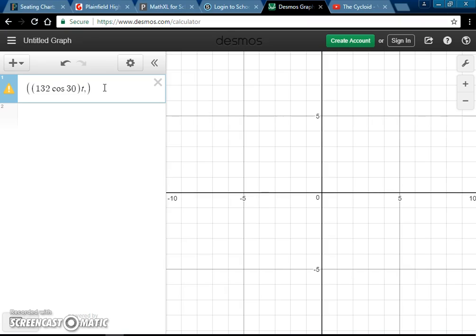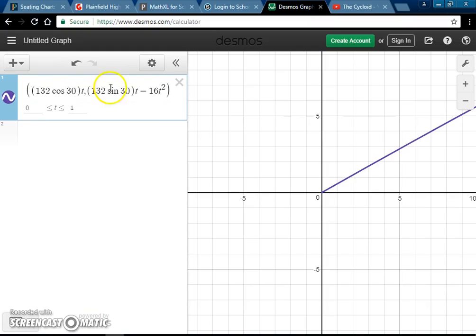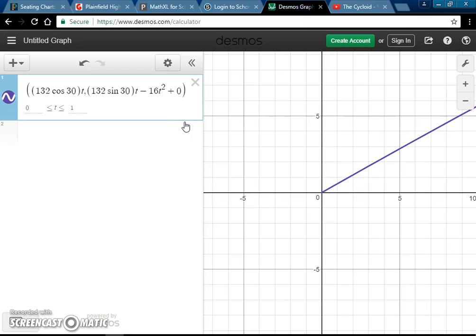Okay, 132 cosine 30 times t. And then over here we'll have the sine part. And you can put the plus 0 on the end if you want. It's not going to change anything. But there's your parametric representation.